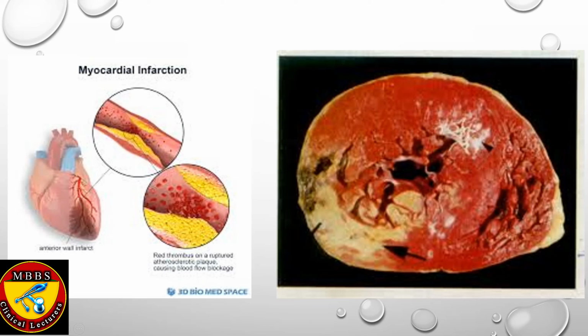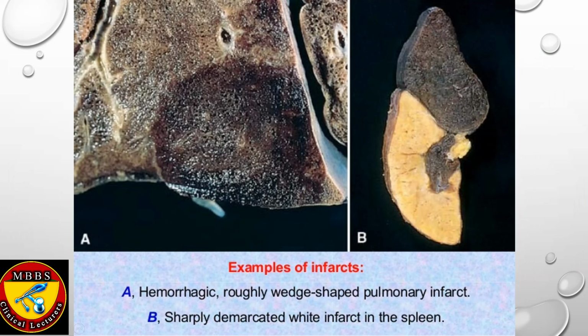You can see this is showing white infarct, and this is the coagulative type of necrosis seen in the solid organs. Again, this is the lung parenchyma, and here this is the red hemorrhagic infarct in the lung, which is roughly wedge shaped. But when you compare with the white infarcts seen in the spleen, this is sharply demarcated.